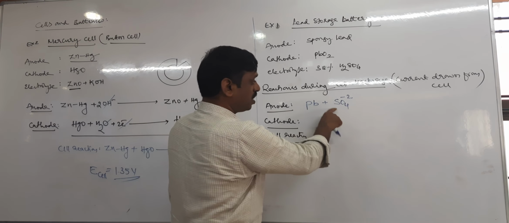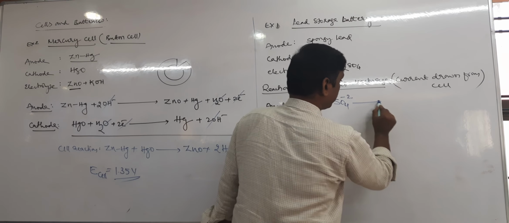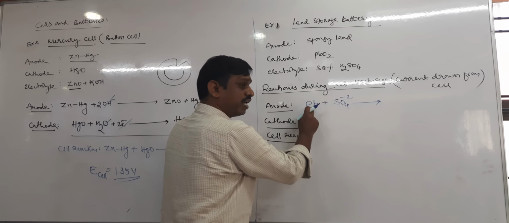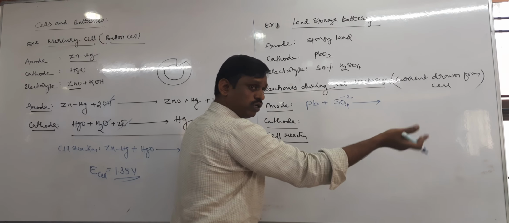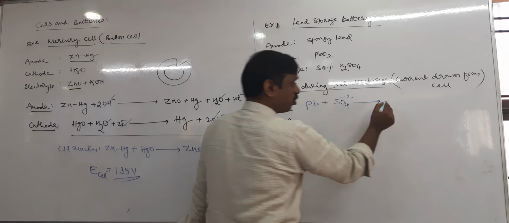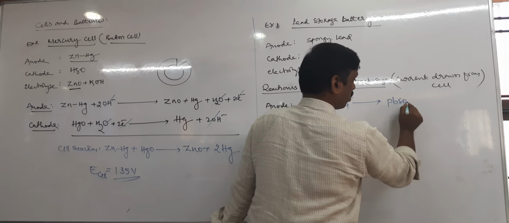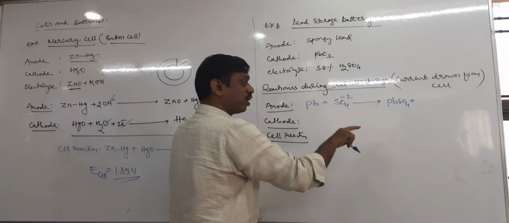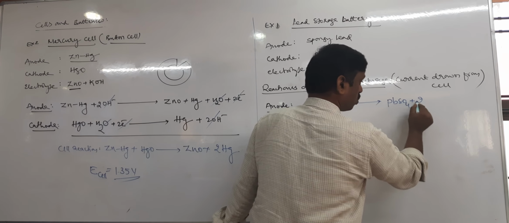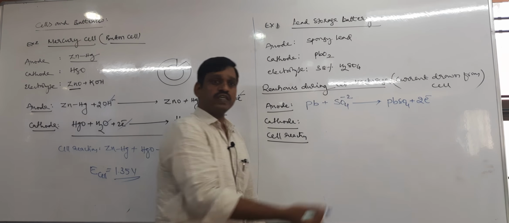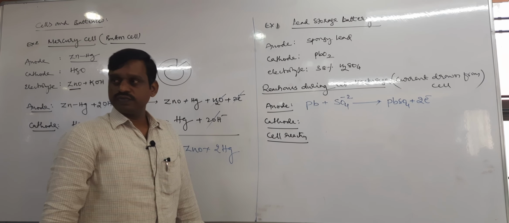Therefore, Pb plus SO4 minus 2, what do you get? First Pb has to convert into Pb plus 2. Then Pb plus 2 plus SO4 minus 2 gives PbSO4 plus, when Pb has converted into Pb plus 2, 2 electrons are lost. That is oxidation. Simple reaction.